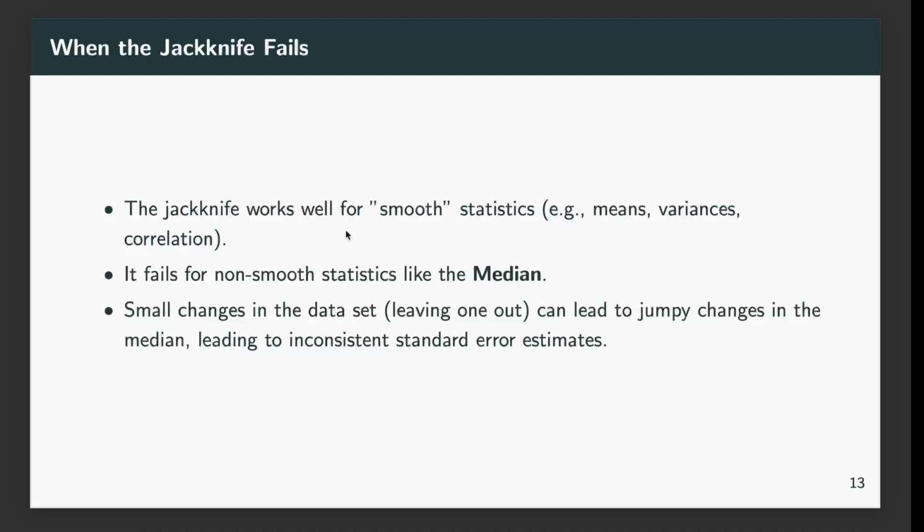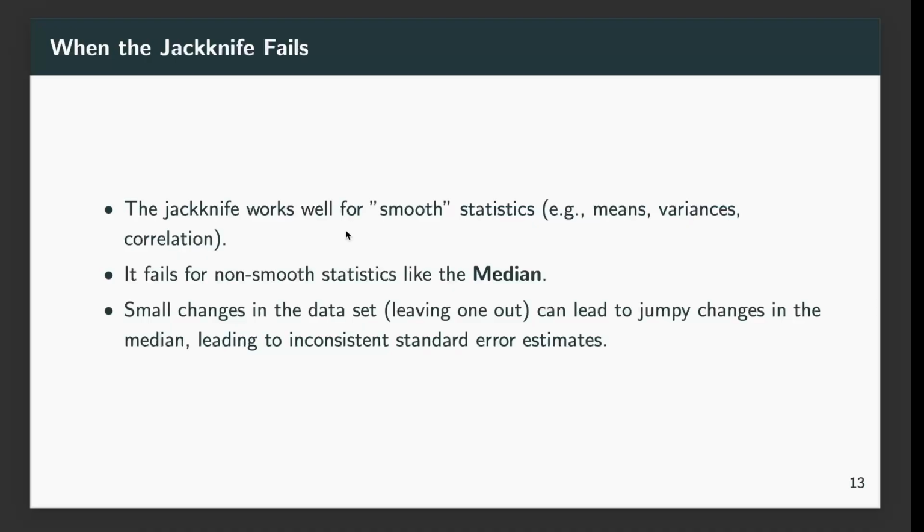The Jackknife assumes that the variation across the replicates will accurately reflect the true variability of the statistic. But for non-smooth statistics, this assumption breaks down, and the Jackknife standard error estimate can be either too large or too small, or it can be inconsistent as the sample size grows.